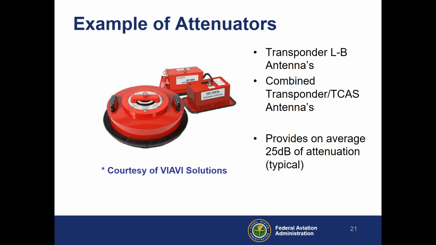The larger coupler you see there is for the combined TCAS and transponder type antennas, like the Rockwell Collins TSS 4100 or the ACSS 18910, for example. The OEMs are getting smart on us and combining their antennas for both TCAS and transponder signals.